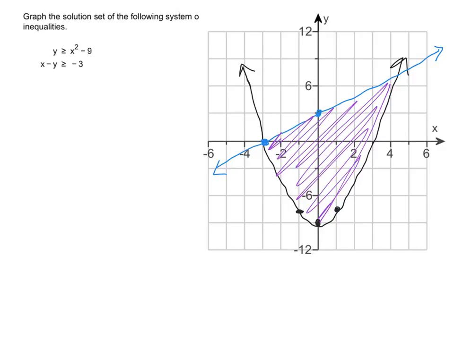So the solution set to the system of inequalities is shown on the screen. I have the quadratic represented by the black parabola, and then the linear inequality represented by the blue line, and the overlap of their shading is represented by the purple shading. So this is my complete answer to the problem.